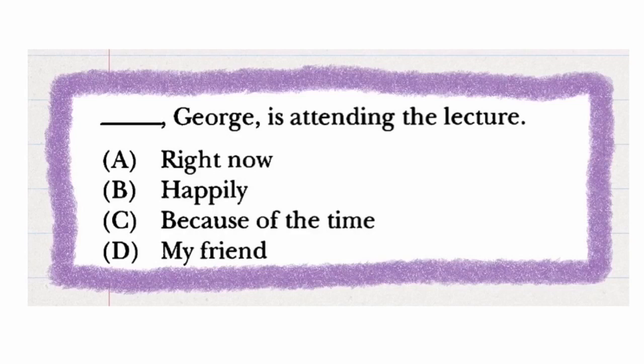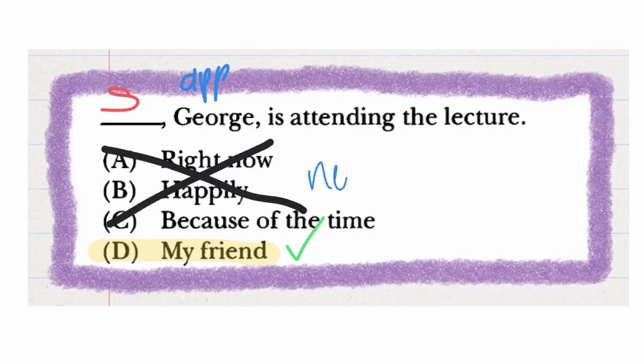In this example, you should recognize from the commas that George is not the subject of the sentence. George is an appositive. Because this sentence still needs a subject, the best answer is D, my friend. Answer A, B, and C are incorrect because they are not subjects.